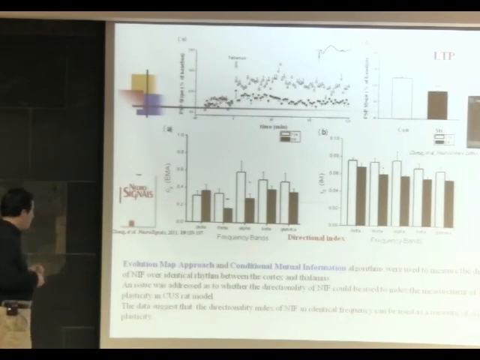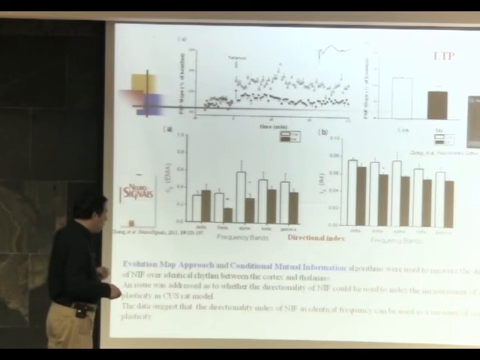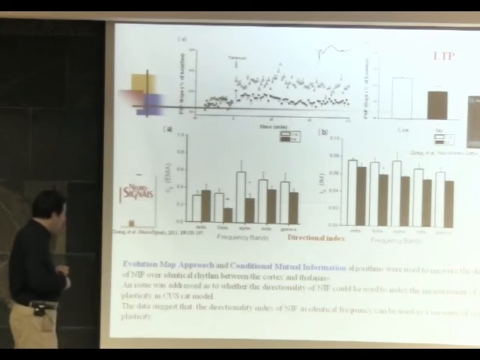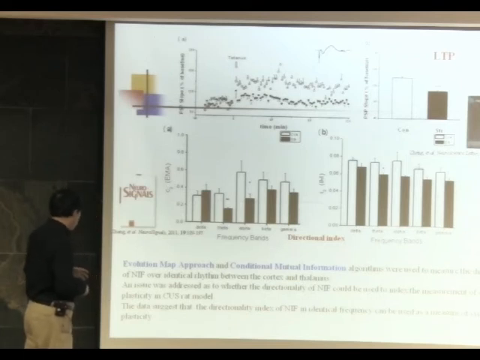In the paper in Neuroscience Letters, basically we used the EMA approach to measure the direction of neural information flow over identical frequency regions between the cortex and the thalamus.